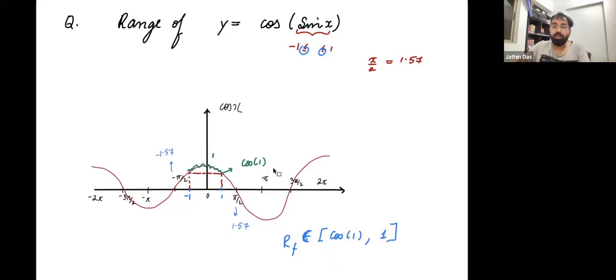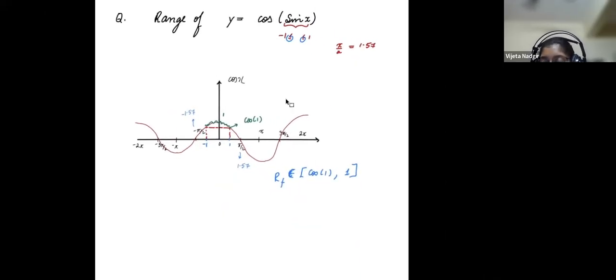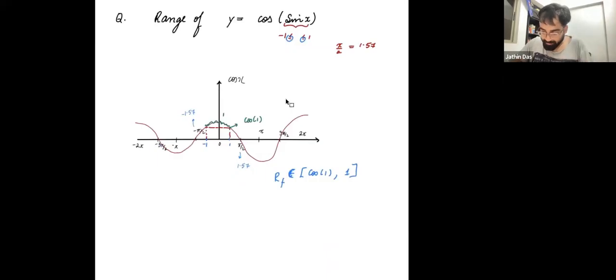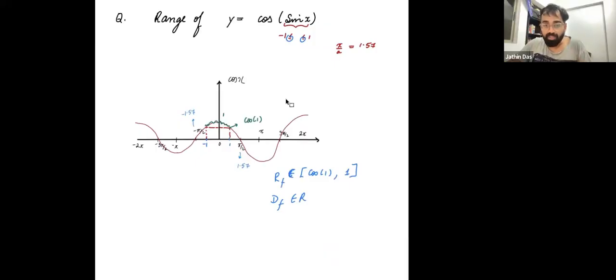I hope it's clear. And domain is real. Domain is not asked, I didn't ask, but I'm just saying domain and range both should come for everything. Okay. Done.